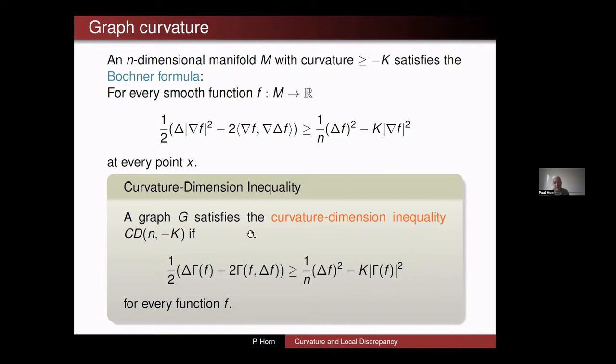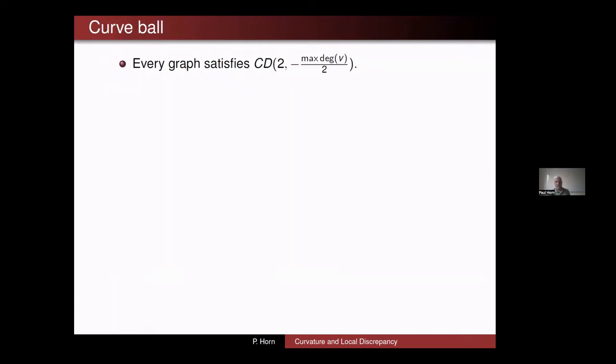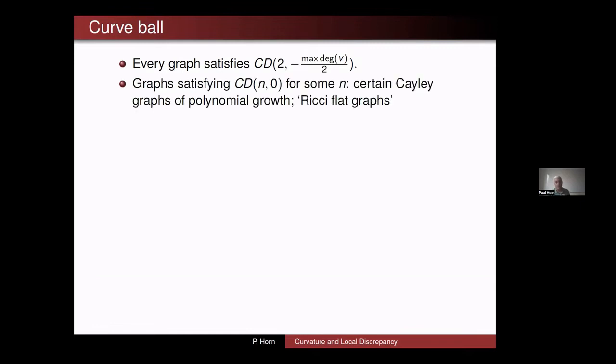And I'll say that a graph satisfies this curvature dimension inequality if I can write down a k and put it there. For instance, every graph satisfies a CD inequality with some dimension, some curvature. But there are flat graphs.